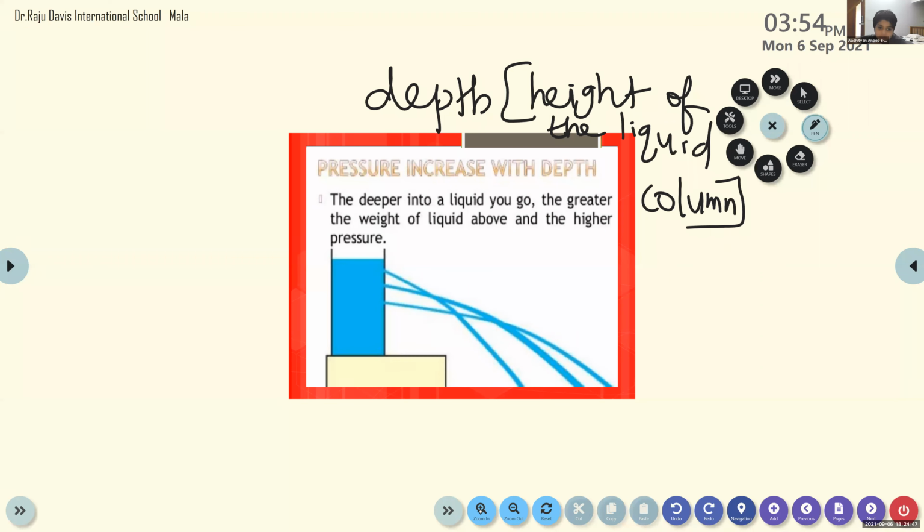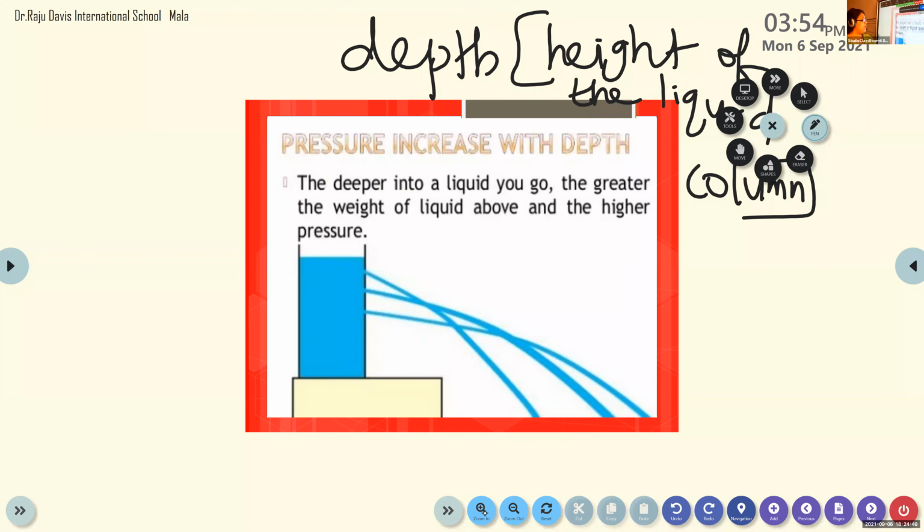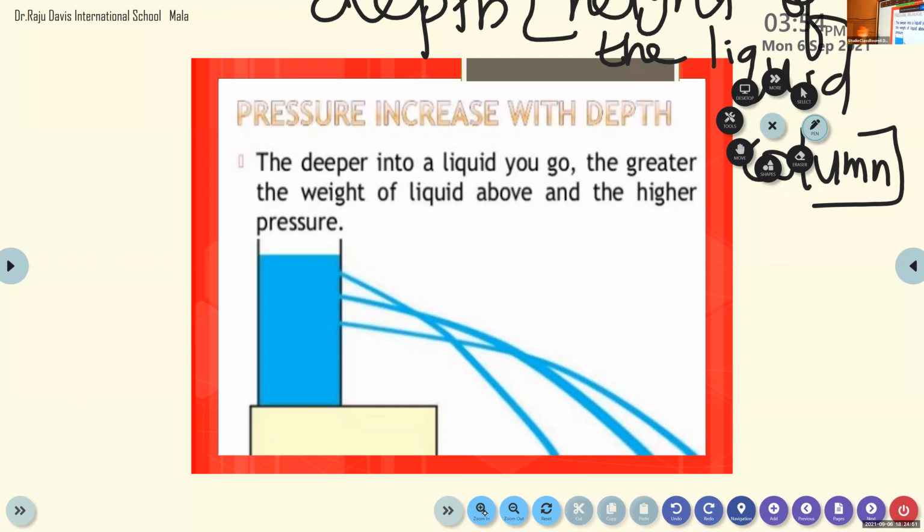Yes, ma'am. So on the basis of this, we have here a slide. Pressure increases with depth means it is also height of the liquid column. So I repeat once again for your memory. The deeper into a liquid you go, the greater the weight of the liquid above and the higher the pressure.